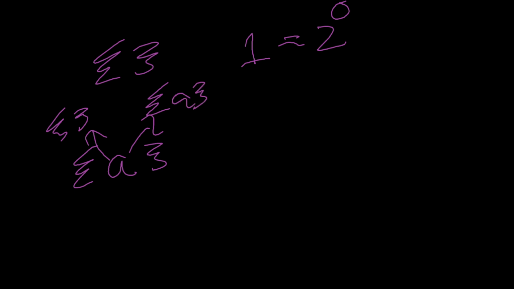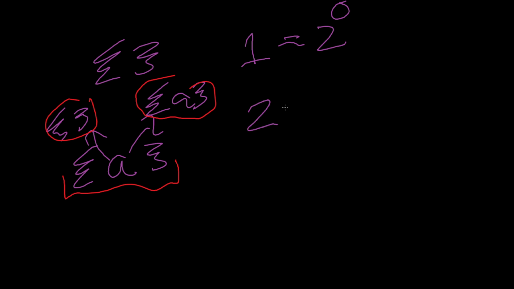And we can see that we have two different subsets of this set. So therefore, a set with cardinality 1 has two different subsets, which is equivalent to 2 to the power of 1.